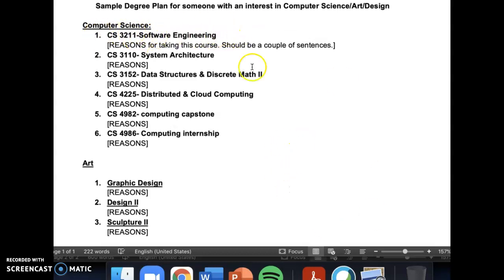So they decided on software engineering, and what they included there were their reasons for taking software engineering, systems architecture, data structures, and cloud computing. You'll notice that these are all upper division classes.